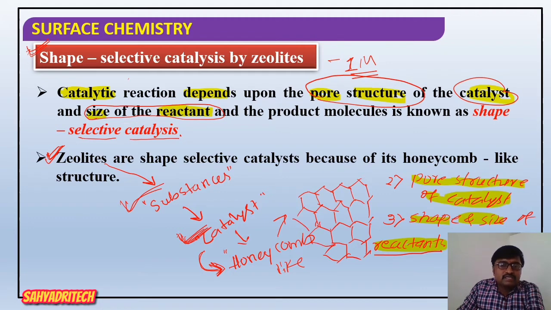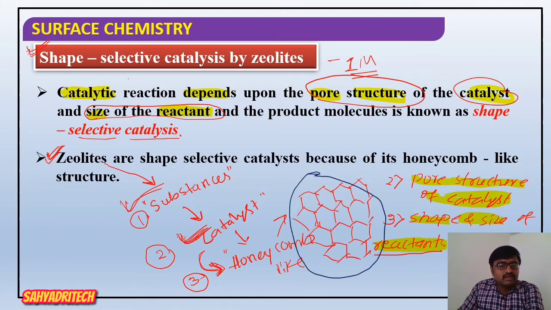Zeolites are a kind of chemical substances. Chemically what they are, I will mention later. They act as a catalyst because of their honeycomb like structure, regular hexagonal structures.